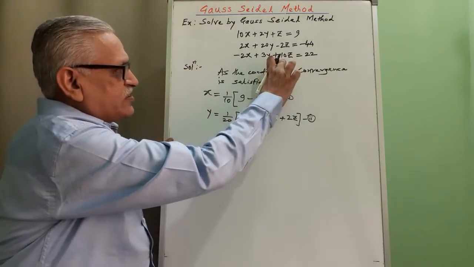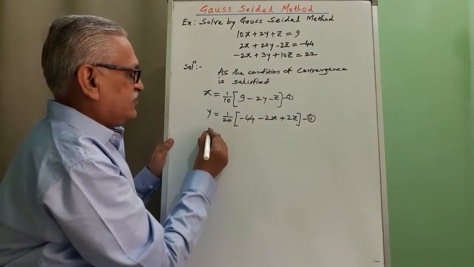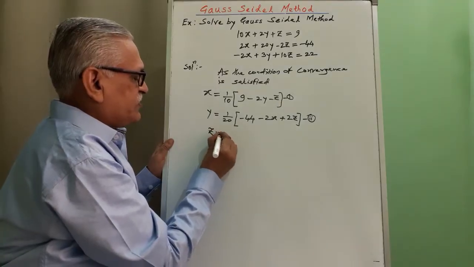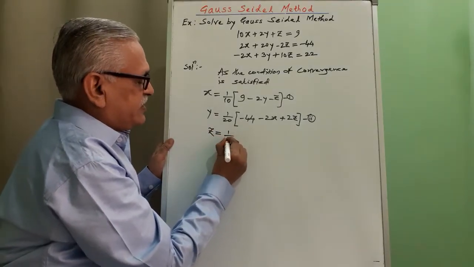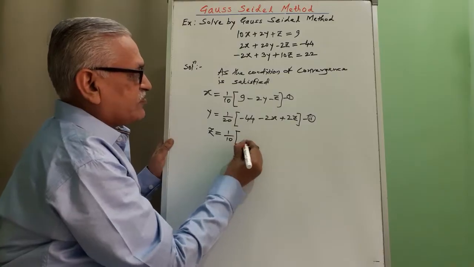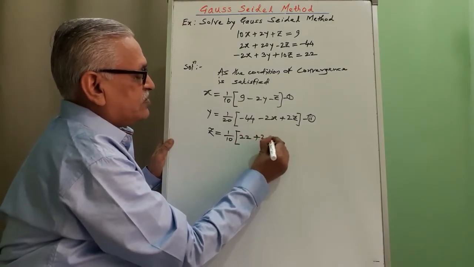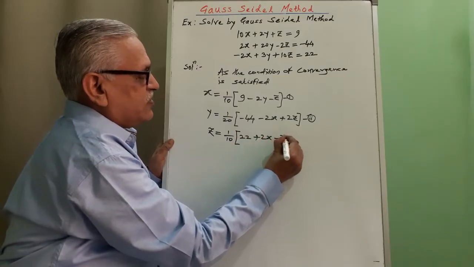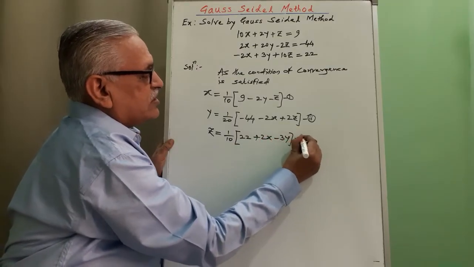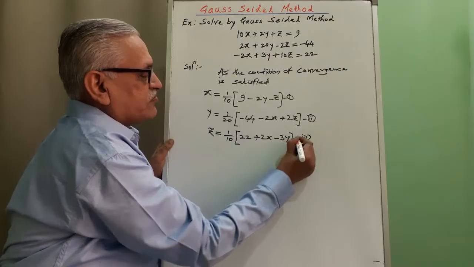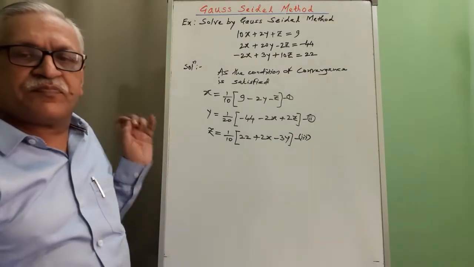Then solving the third equation for z, the highest coefficient, we get 1 by 10 times 22 plus 2x minus 3y. We call this equation 3. That is the first step.